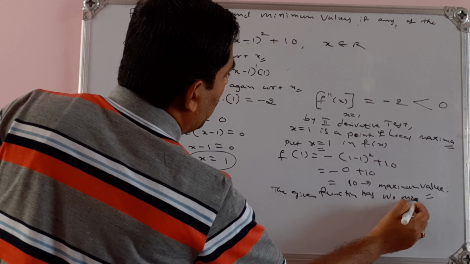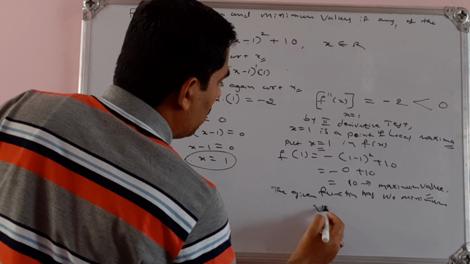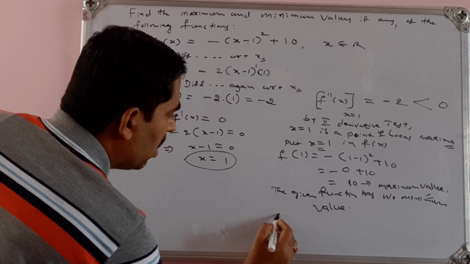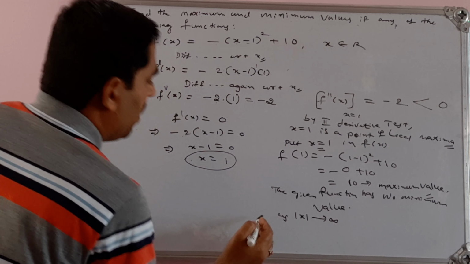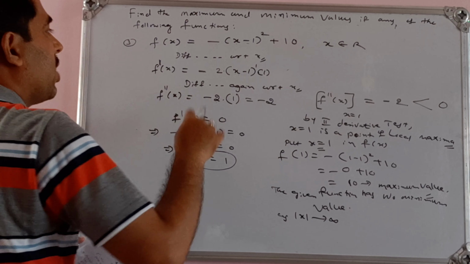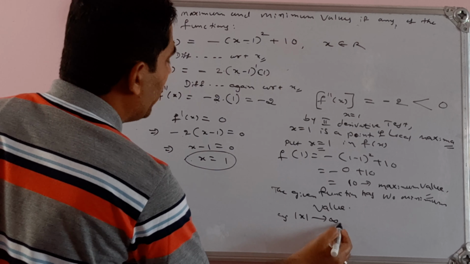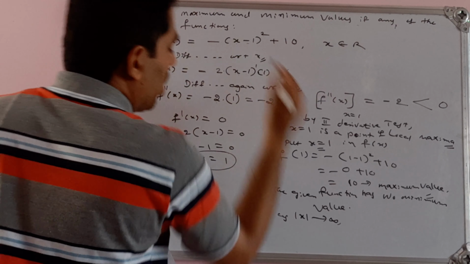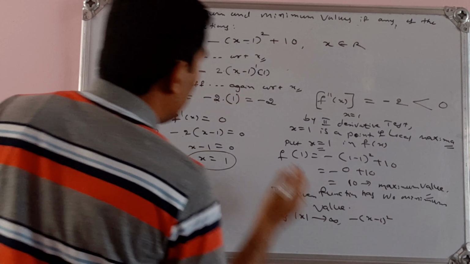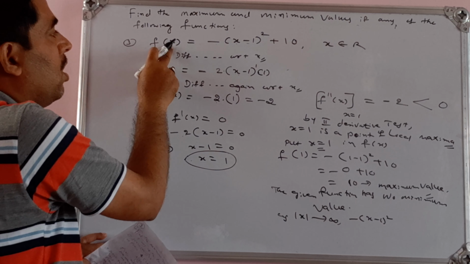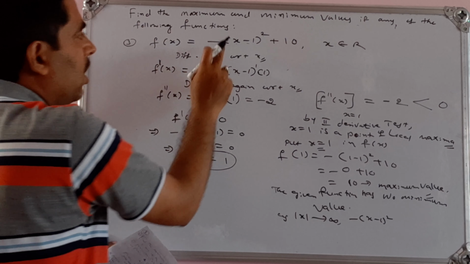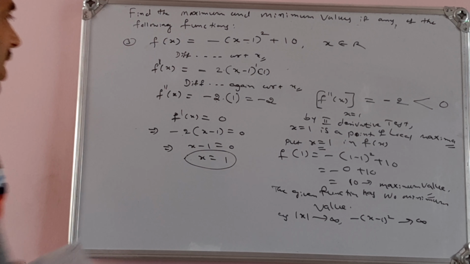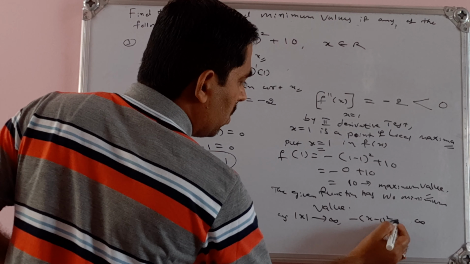The given function has no minimum value because, as we go on giving values for x, say as x tends to infinity, as large as the values may be, minus of x minus 1 whole square tends to minus infinity.